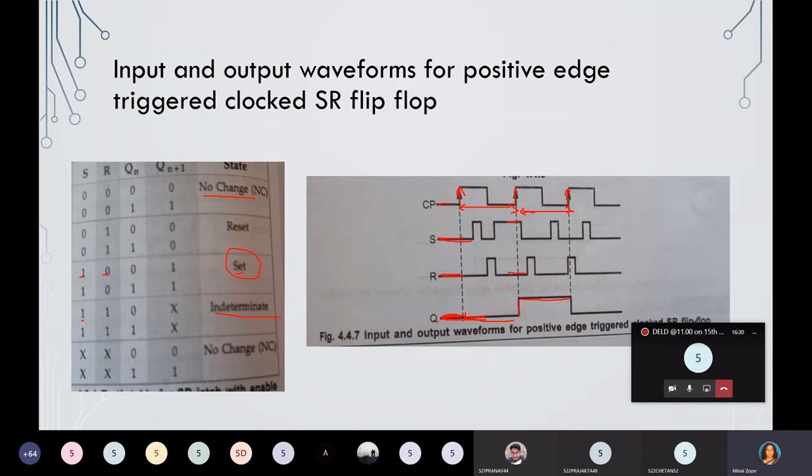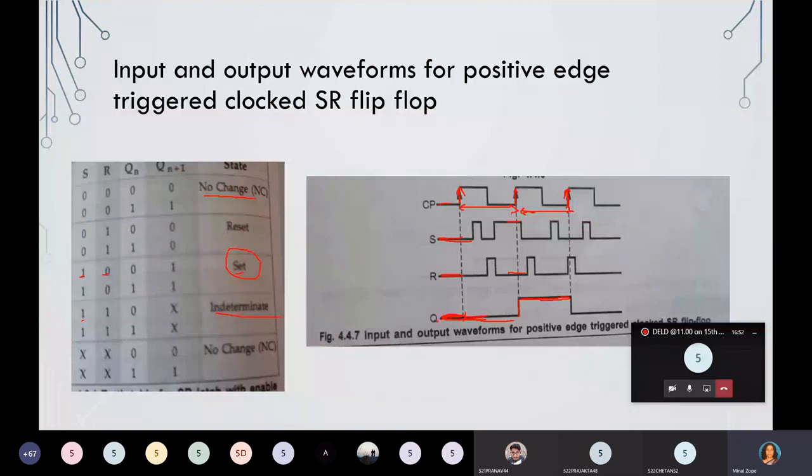Now consider the next clock pulse. For the second clock pulse, your flip-flop stays set. When the third clock pulse edge is triggered from 0 to 1, again the flip-flop state is going to change. At that time, what is S and what is R?